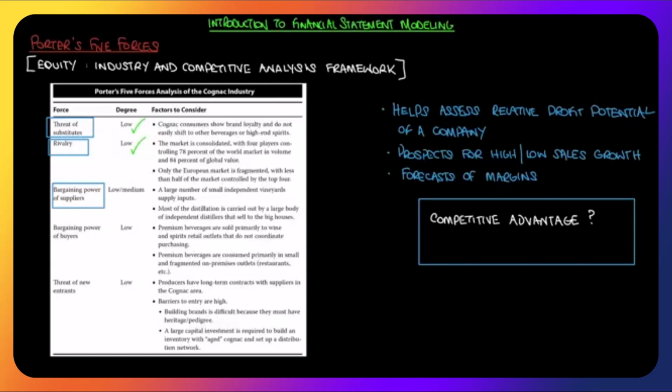If you are, that's when they can hold you over a barrel and say, look, this is what you're going to pay me. I know you can't go anywhere else. Or at least if you try and go somewhere else, it's going to cause at least short-term disruption to your supply chain. Most of the distillation is carried out by a large body of independent distillers that sell to the big houses. So a large body is kind of, all right, how much power do they have? But it says it's kind of low, medium. So really a neutral, nothing I'm too concerned about.